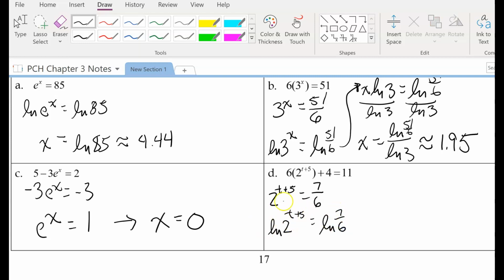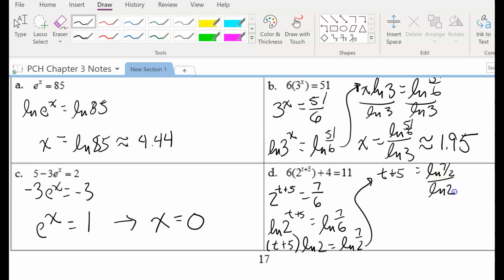Again, this exponent can come out to the front using our properties of logs. So I have t plus 5. Notice the parentheses there. Natural log 2 equals natural log of 7/6. And we'll divide both sides by the natural log of 2. So I have t plus 5 is equal to the natural log of 7/6 divided by the natural log of 2.